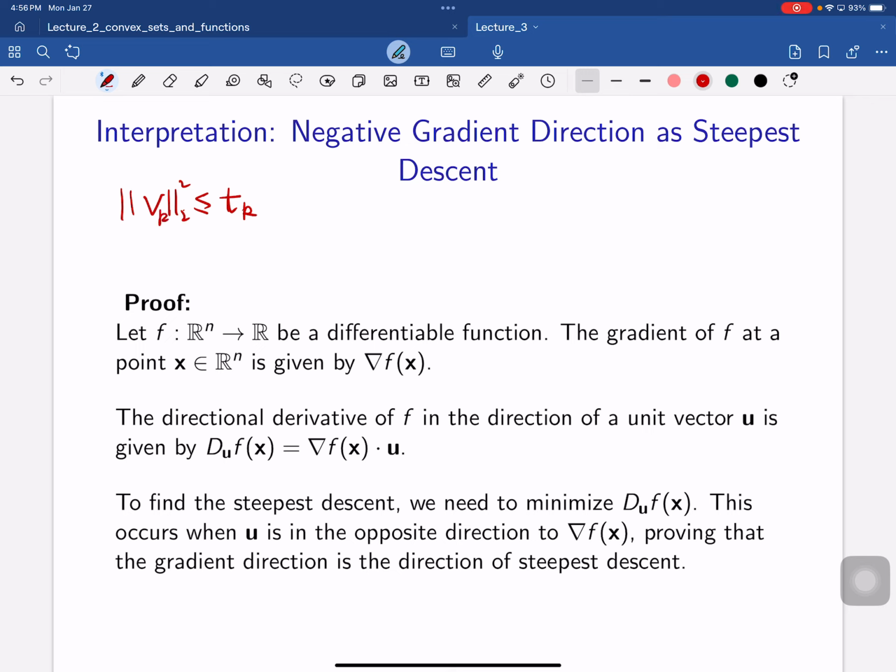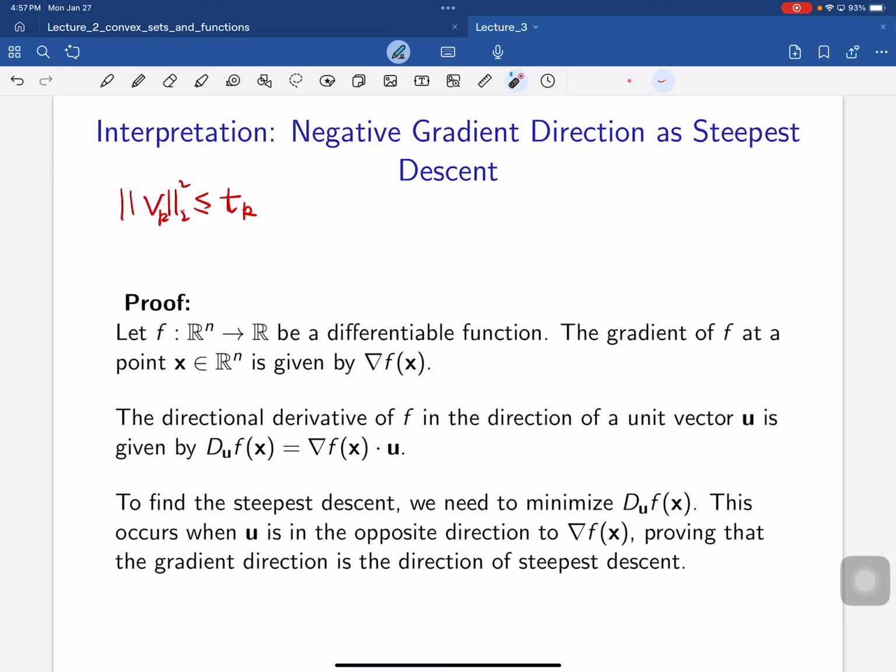Suppose at a given point x, I tell you you can take any vector as the next step whose length is smaller than or equal to a scalar tk. Now, is the following claim true? The vk that gives you the most descent is the negative gradient direction.